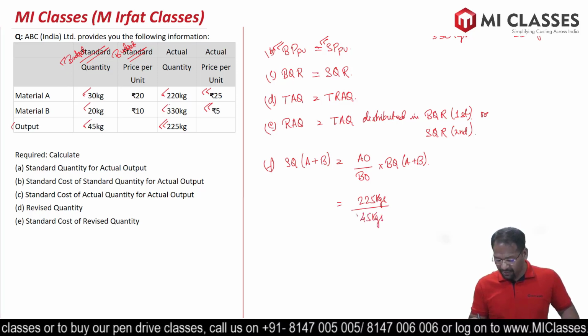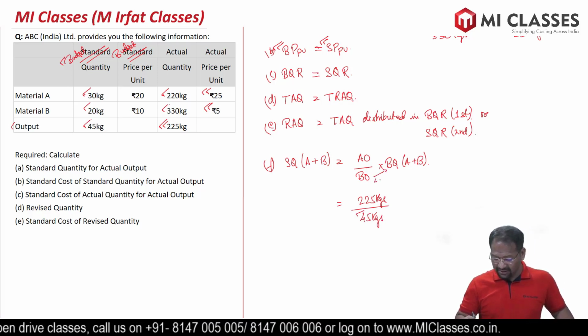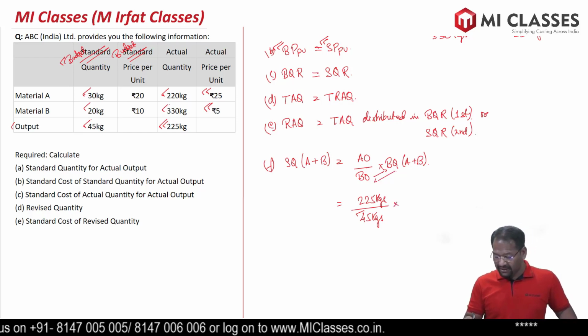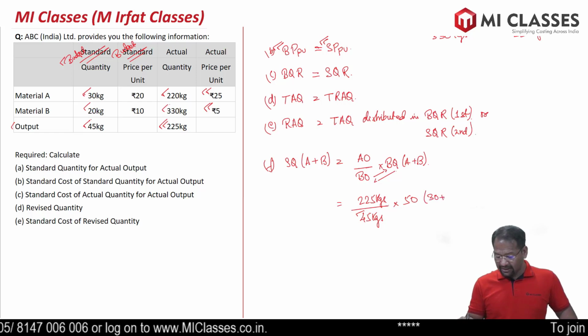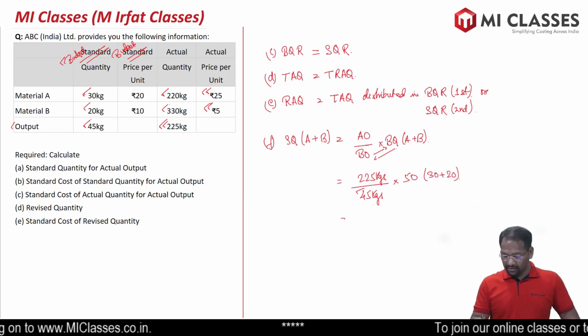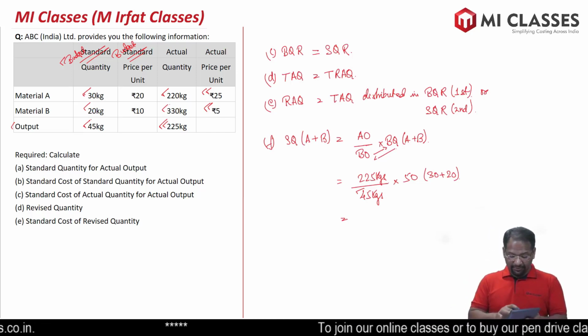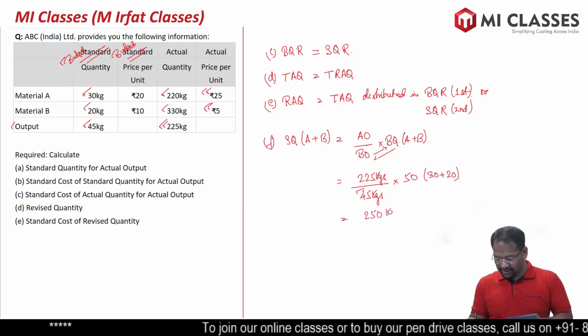To make 45 kgs, we have to always read it together, we need 50 kgs of raw material, 30 kg plus 20 kg. So 225 divided by 45 multiplied by 50, we get 250 kgs of what?